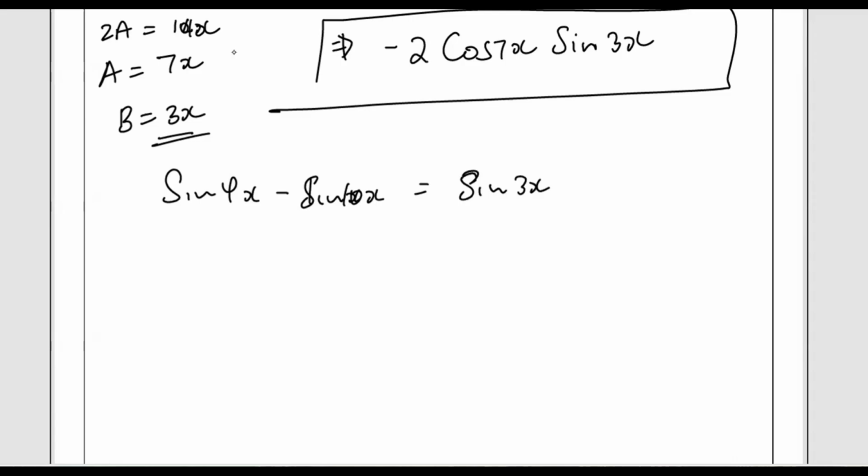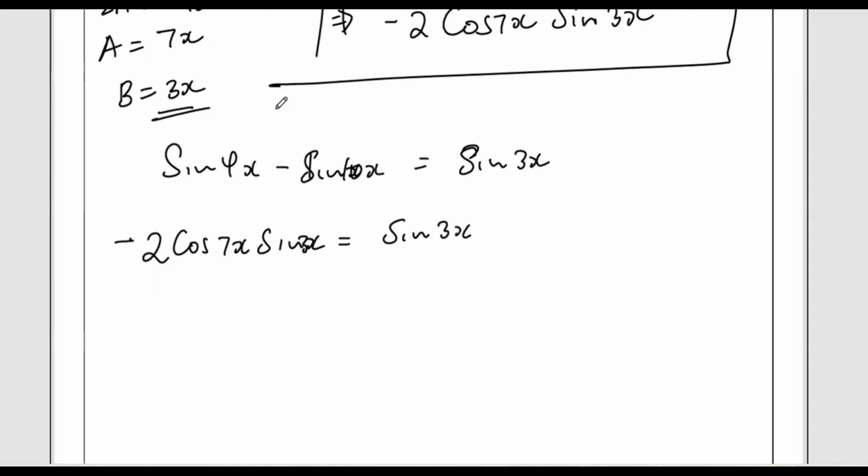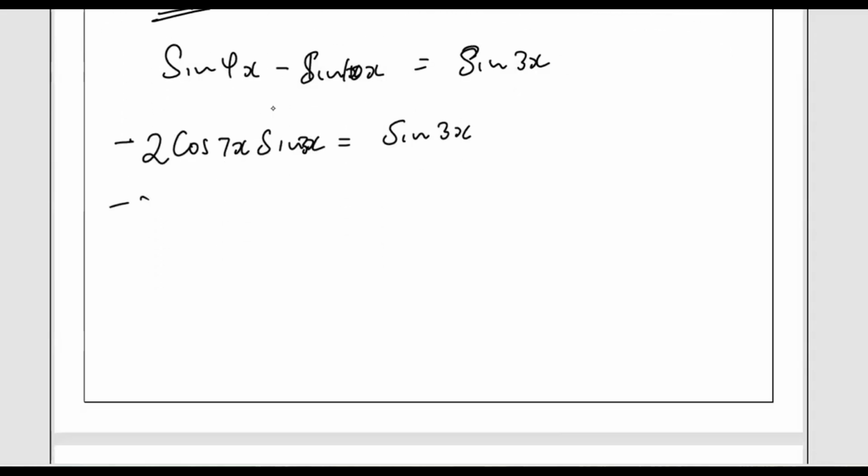Let's replace this with that. So negative 2 cos 7x sine 3x is equivalent to sine 3x. Let's transpose and move it that side: negative 2 cos 7x sine 3x minus sine 3x is equal to 0.